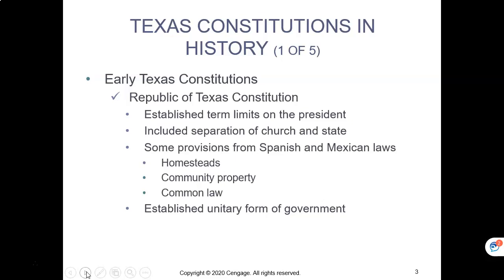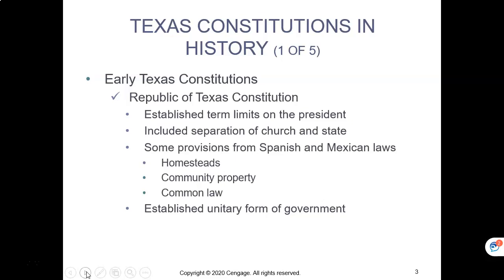But there was a constitution prior to this constitution. One of the issues that Texans were so upset about, that there were several, slavery and thinking that they were going to have those rights taken away, were among them.